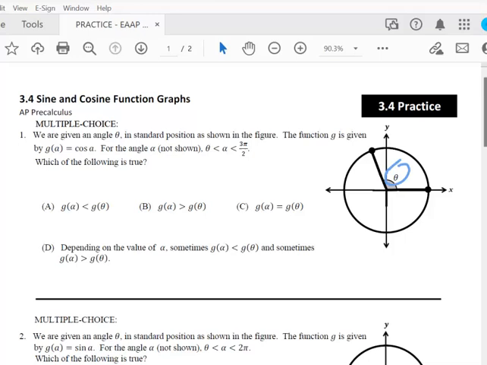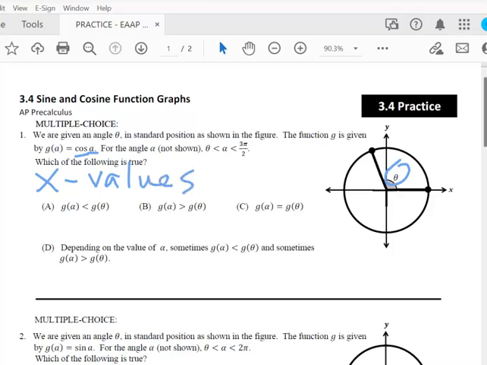The function g is given by g of a equals cosine of a. Okay, so in other words, we're going to be looking at cosine values. And remember, what are cosine values? When we're looking at a circle, cosine values are x values. So keep that in mind as we are working through this question.